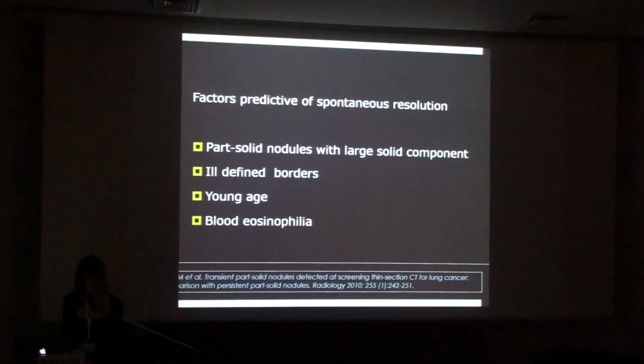There are factors that are predictive of spontaneous resolution: a large solid component in a part solid nodule, ill-defined borders, young patient age, or blood eosinophilia. But since we cannot be sure if it's going to resolve or not, we have no choice than doing a follow-up CT.